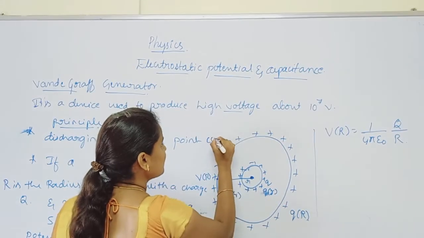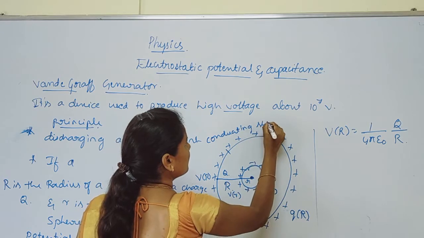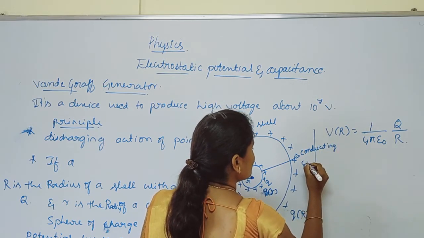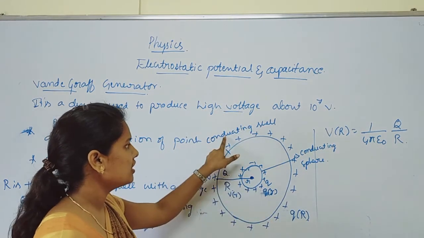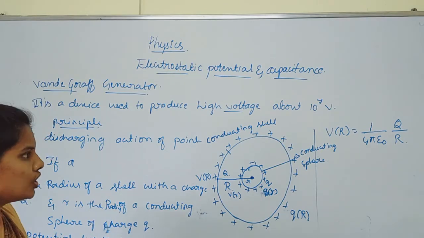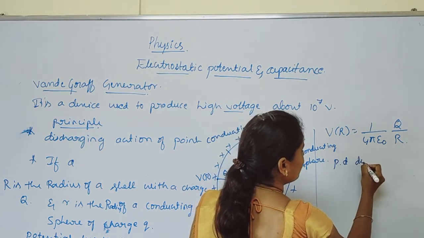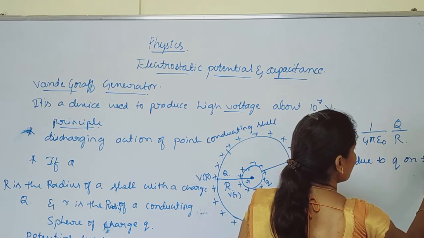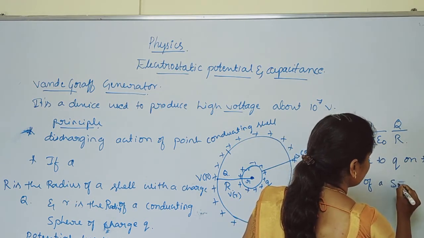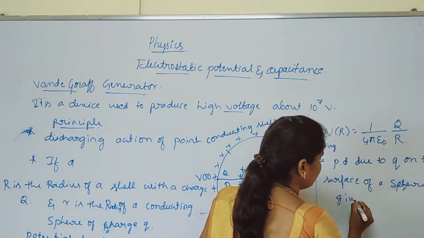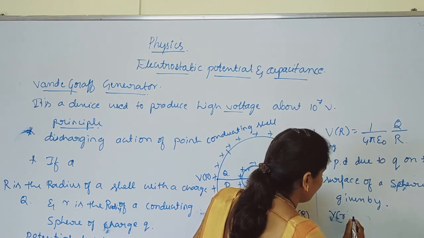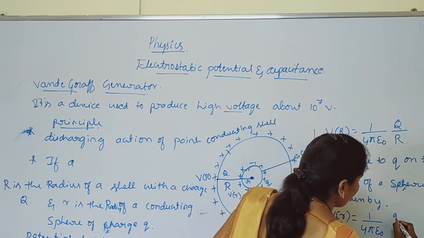This is the conducting shell, and this is the conducting sphere of charge capital Q. And the next one is the potential due to small q on the surface of a sphere, given by V of r equals 1 over 4 pi epsilon naught small q divided by small r.